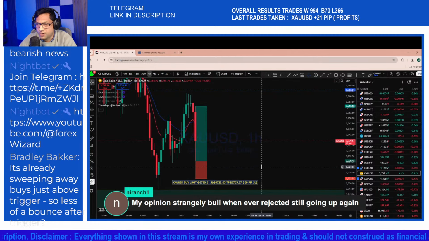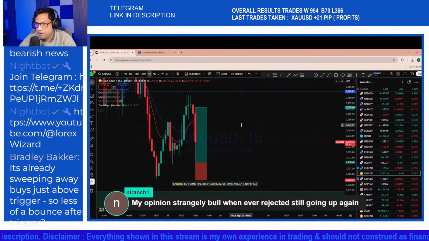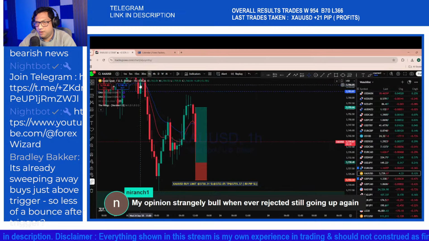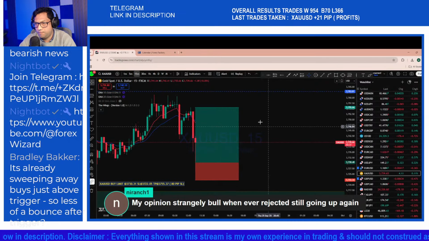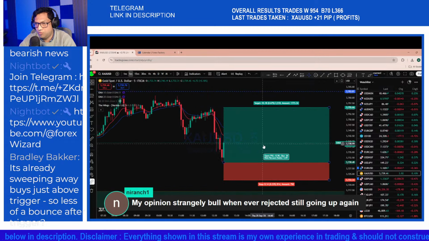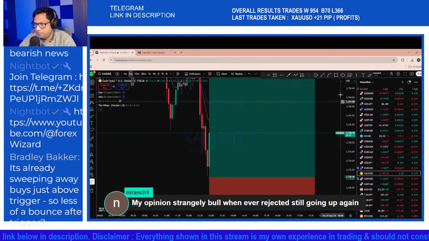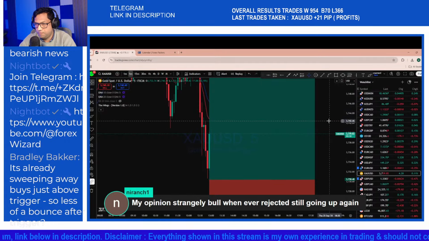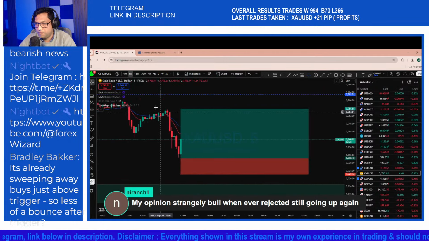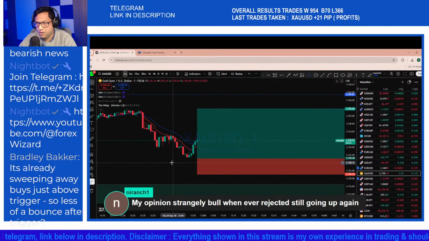With the 1 hour candle close, it didn't trigger us for 1 pip. Now the only option that we have is to enter.